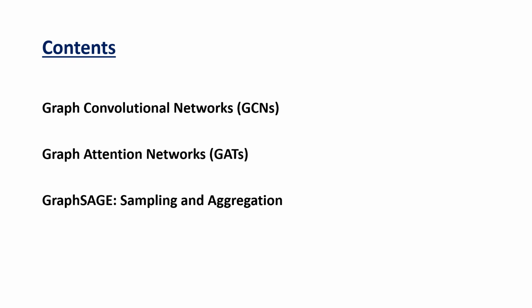First we have to know what graph convolutional networks are. Graph convolutional networks are one of the most fundamental architectures in graph neural networks.